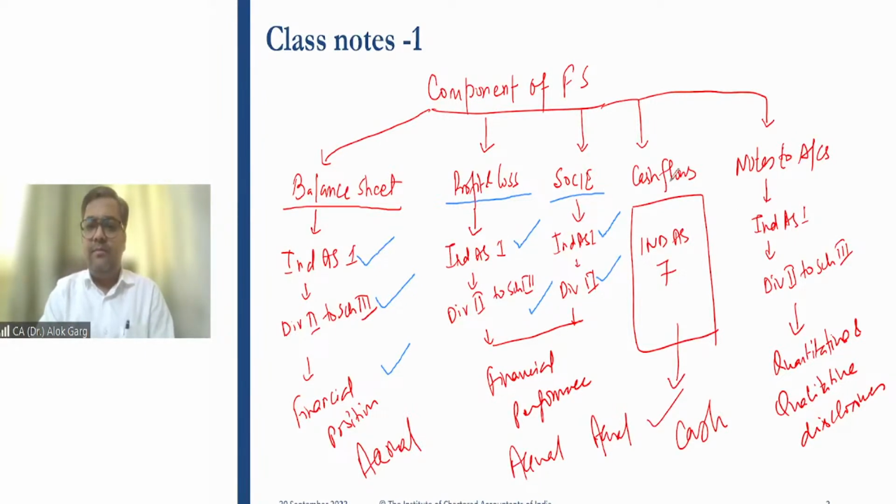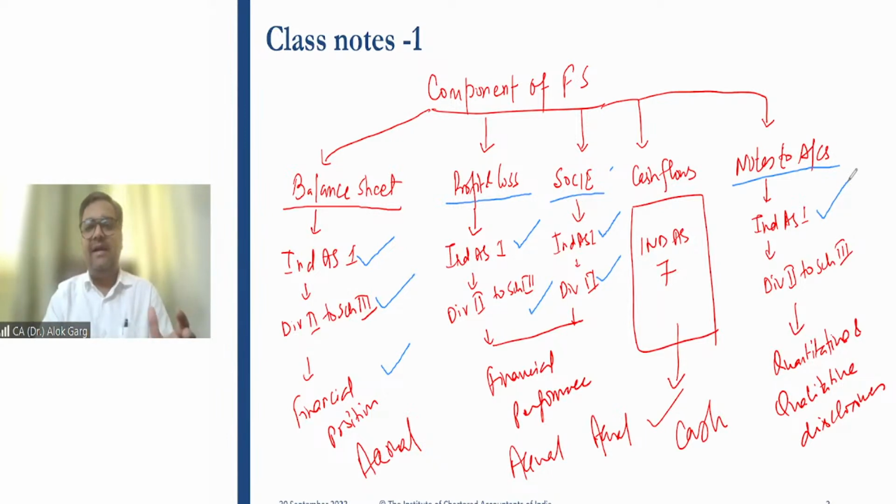So then the next component is the cash flow statement, right? I'll come to this particular component, but after that I'll jump onto the notes to accounts. So after balance sheet, profit and loss, statement of changes in equity, there is a concept of notes to accounts as well, where Ind AS 1 has given guidance in terms of what should be included in notes to accounts.